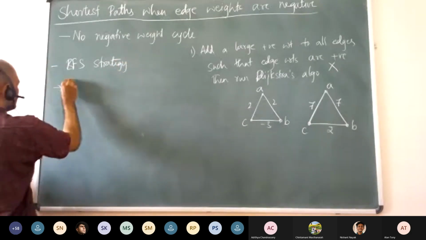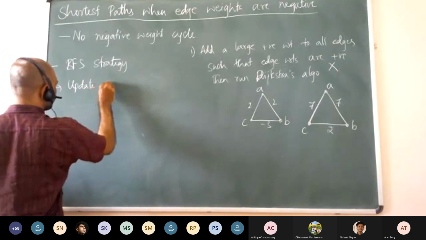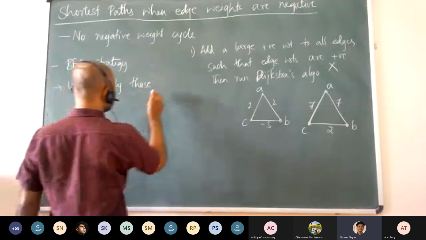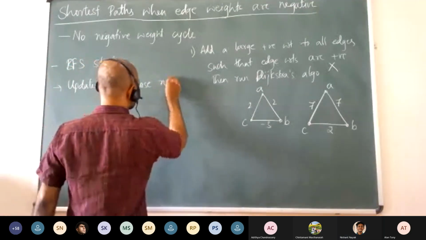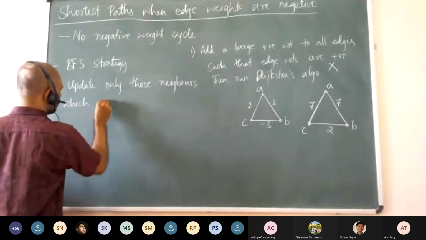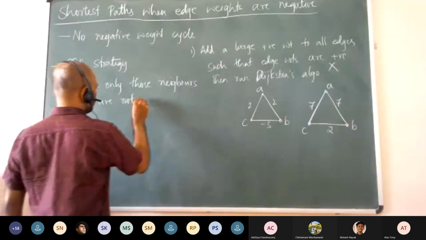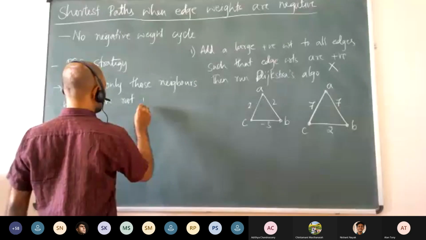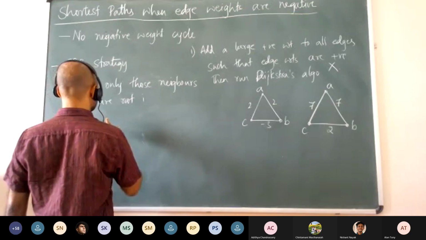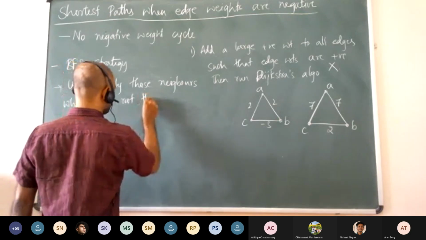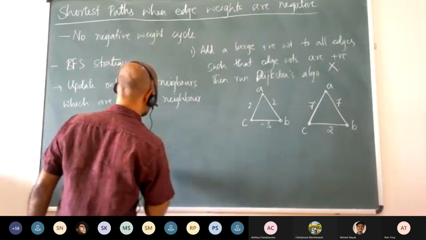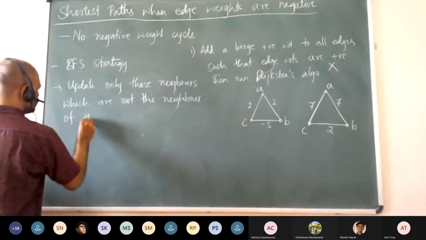Here what is being said is: update only those neighbors which are not the neighbor of the vertex.